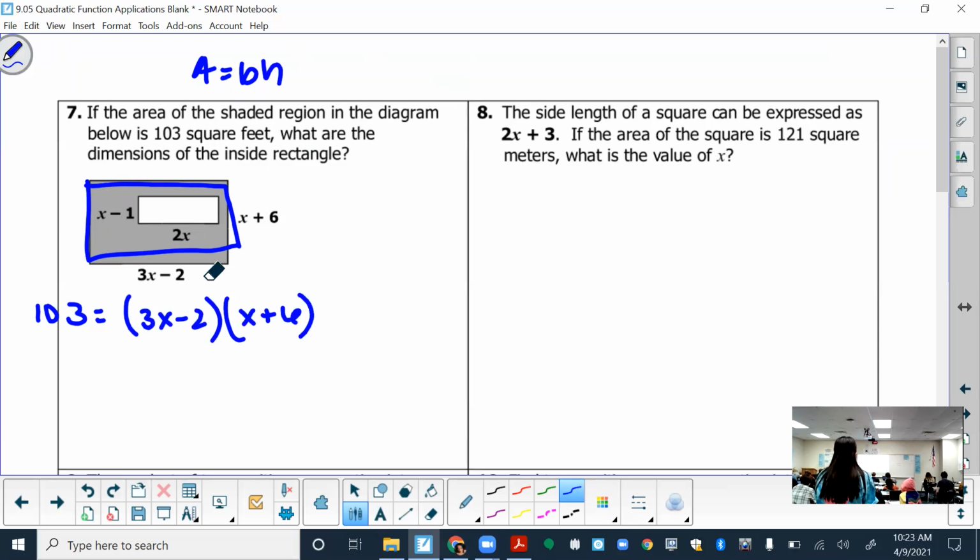All right, so that's the dimensions of the big one. But then we also have to subtract that smaller rectangle. So we're not gonna have two separate problems. It needs to be all the same problem. But we need to subtract the area of the smaller rectangle. What are the dimensions of the smaller rectangle?